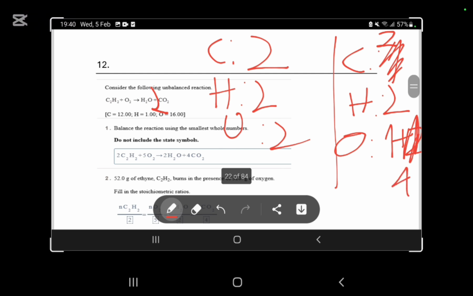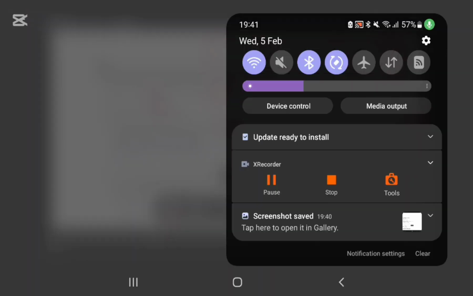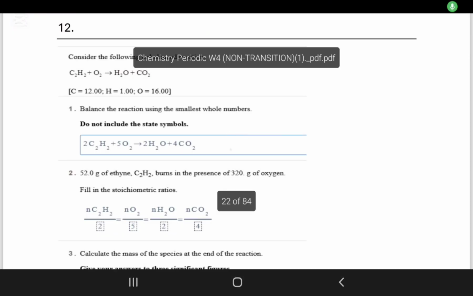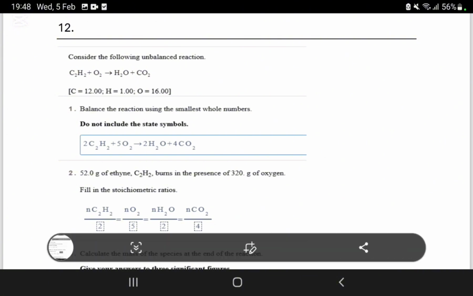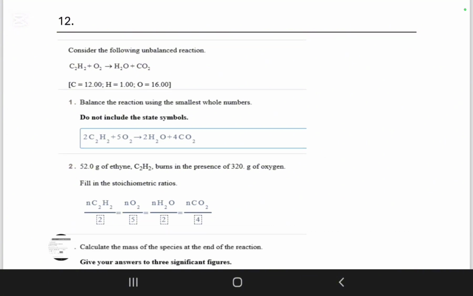Now to balance the last part out, we're going to have to, first of all, balance the equation.